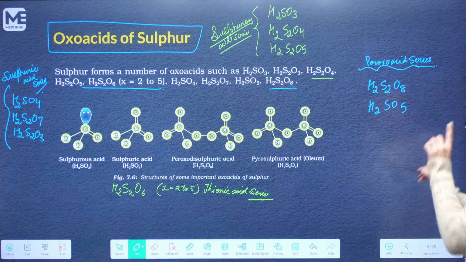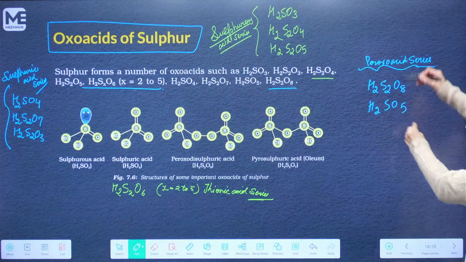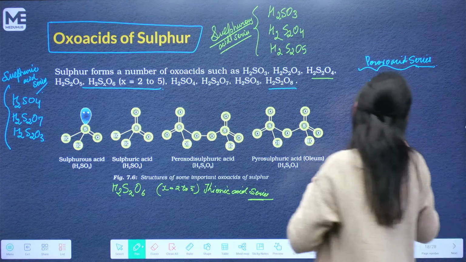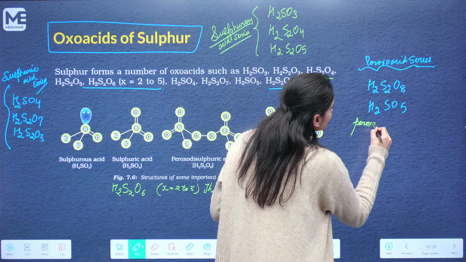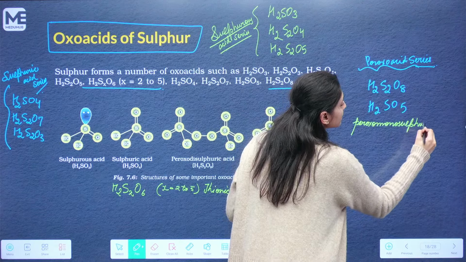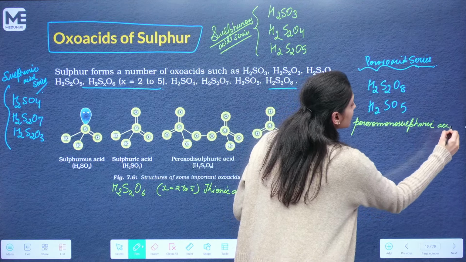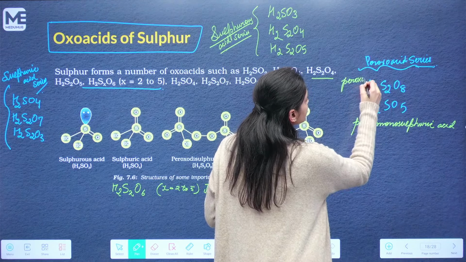All right. So what happens in the peroxo acid series? In these two compounds here, this is peroxo monosulfuric acid, and this is peroxo disulfuric acid.